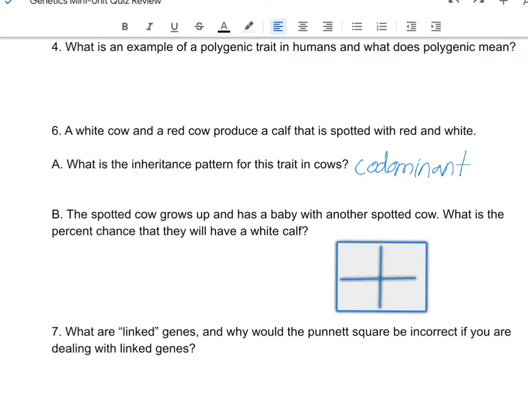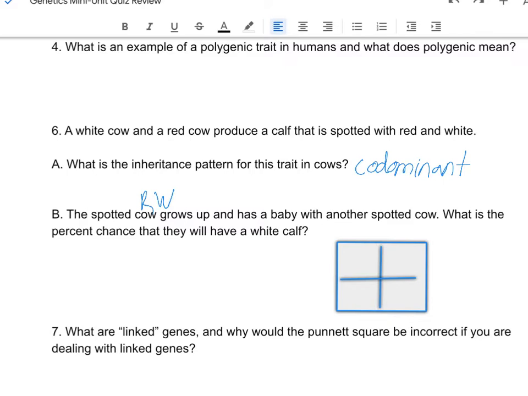If 2 spotted cows have baby calves together, then the genotypes of the spotted cows are RW, red and white, because neither trait is dominant over the other, so they both get their own letter. We don't use uppercase and lowercase. Those are only used for dominant and recessive traits.